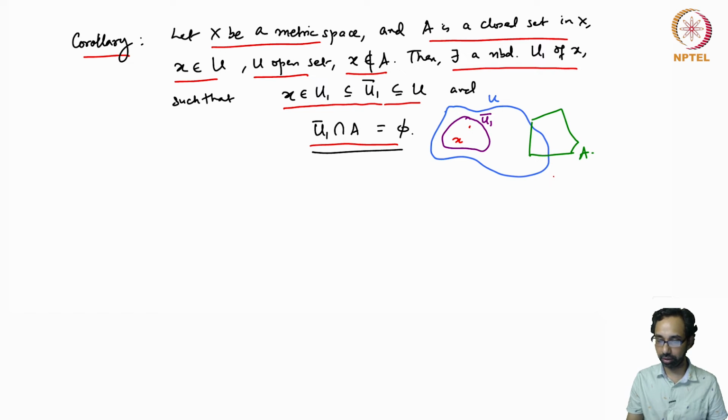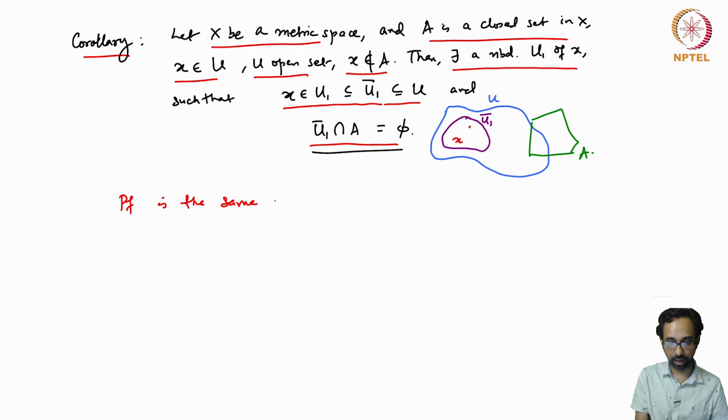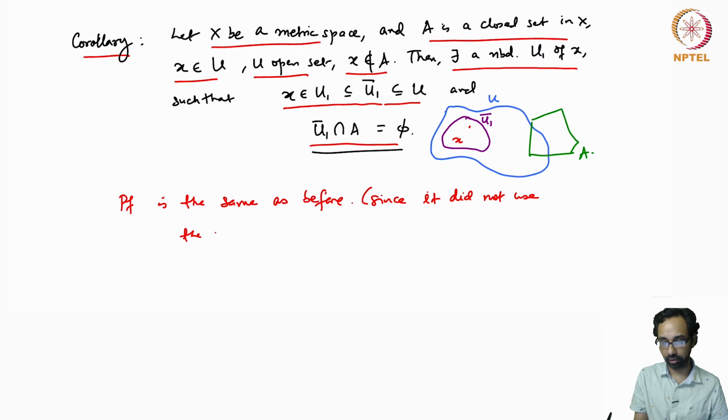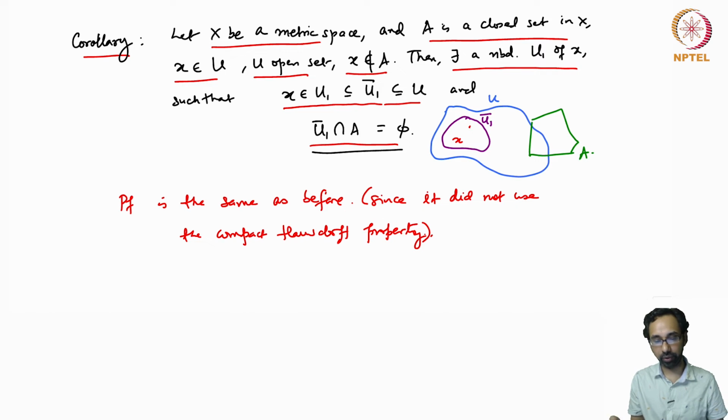And this is basically the same picture that we drew before, and the proof is exactly the same as before, since it did not use the compact Hausdorff property. So you can repeat the proof and you will have the proof of this corollary.